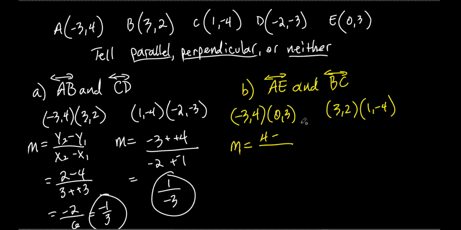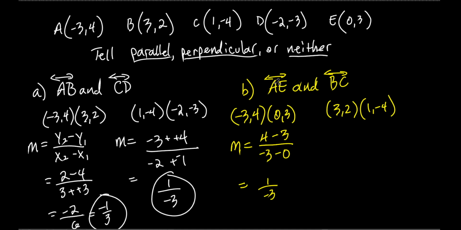Then let's do the x's, negative 3 minus 0. So we subtracted the y's, put it on top, subtracted the x's, and put it on the bottom. Let's figure out what that is. 4 minus 3 is 1 over negative 3. So the slope is negative 1/3 again, just like it was over here.